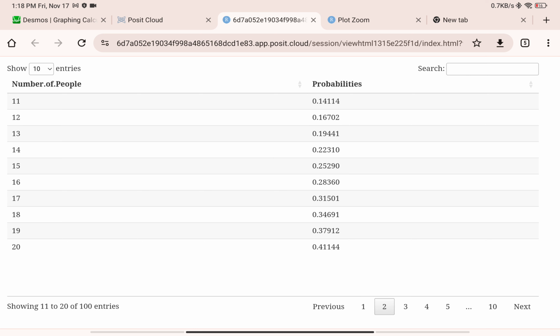Next page, this is 11 to 20 of 100 entries, and you see how it is approximating. If we go to the third page, you see the 23 case, how this probability changes, and we have calculated the right thing, that is 0.5073.